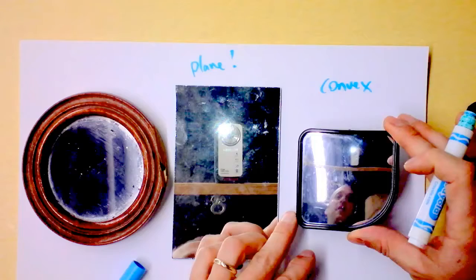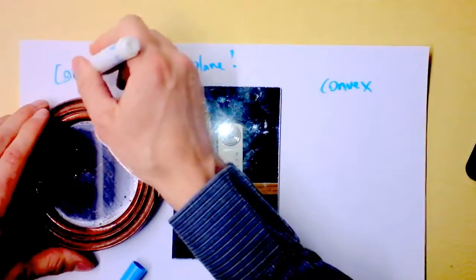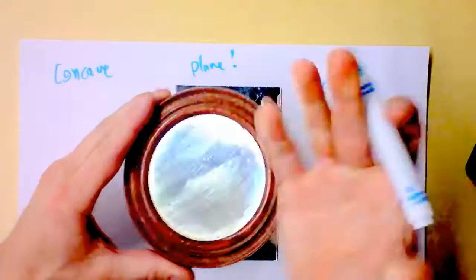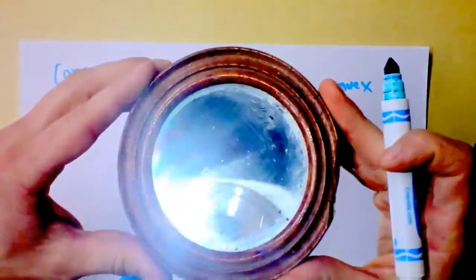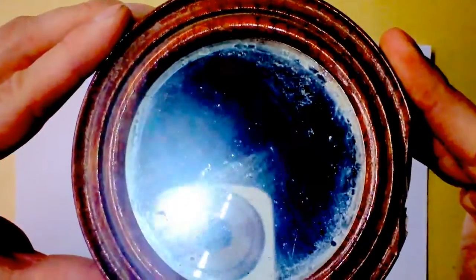See how you can see a whole bunch of my ceiling like that, and the camera. And this guy right here is a concave mirror because it looks like a cave. There's a little cavity inside of it, and you see how eventually we can get to a point where you're looking at the camera and you see it really big, and then upside down and right side up.